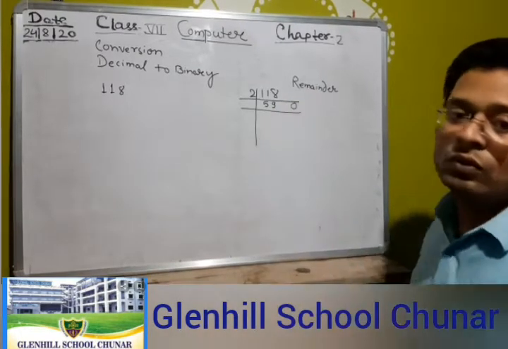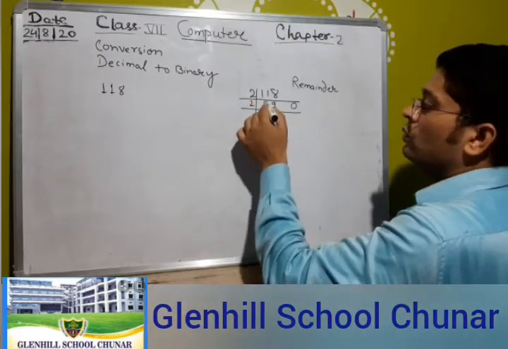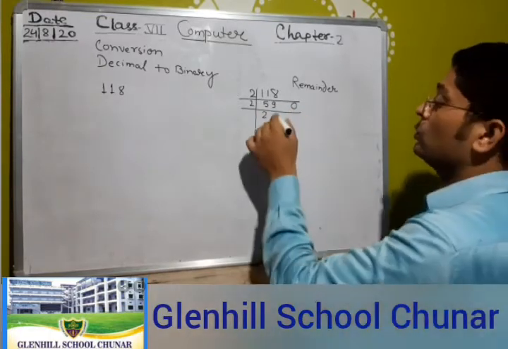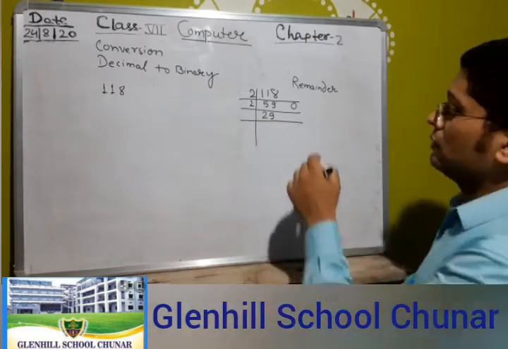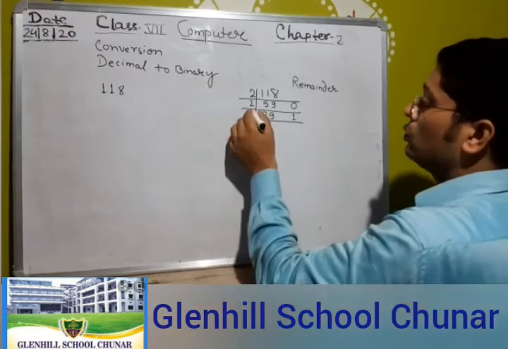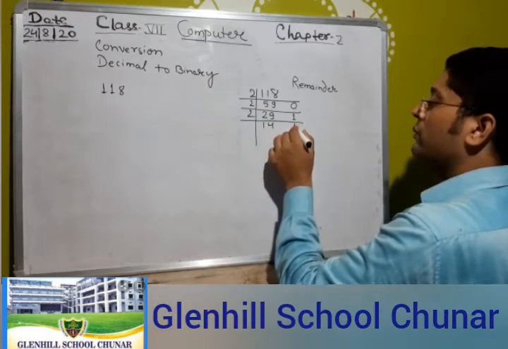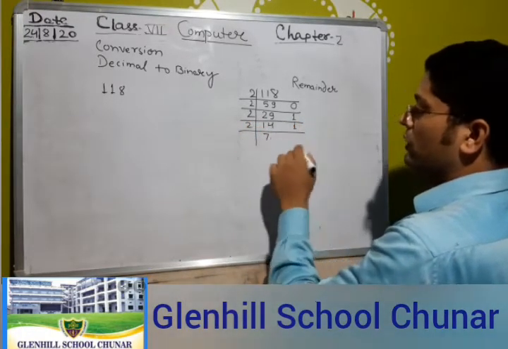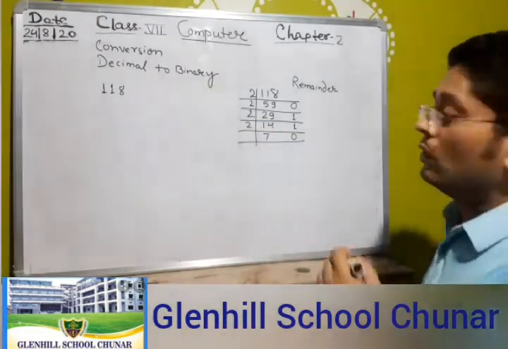So with no remainder, put the value 0, okay student. 2 twos are 4, carry forward 1 to make 19, and 2 nines are 18, remainder 1, so write 1 here. Then 2 ones are 2, 2 fours are 8, remainder 1 here, and 2 sevens are 14, no remainder, so write 0.